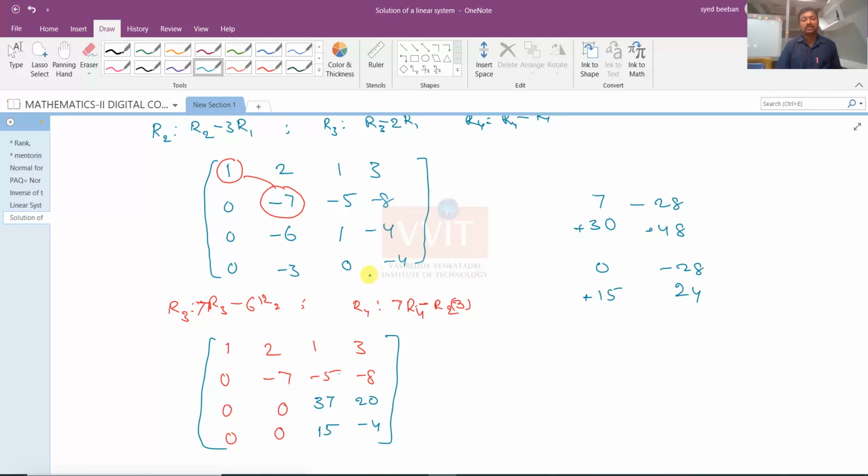Similarly, 7R4 minus 3R2: 7 times 0 is 0, minus 28, and plus 3 times, minus of minus plus, 3 fives are 15, 3 eights are 24. Then simplification here, 15 minus 4.